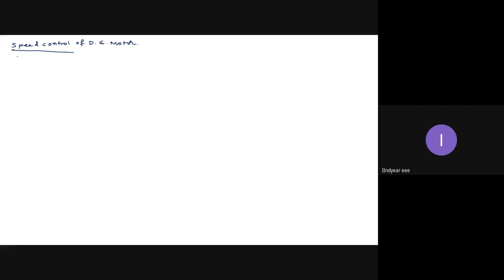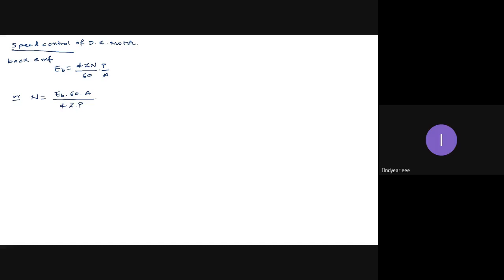The back EMF equation is E_b = φZN/60 × P/A. This is the EMF induced in the armature when the motor starts operating. Or I can write speed as, because I want speed control, I will write the equation in terms of speed. So speed N = E_b × 60A / φZP.